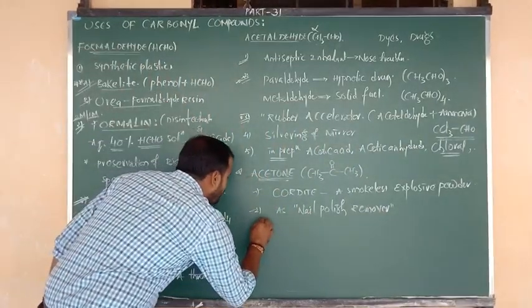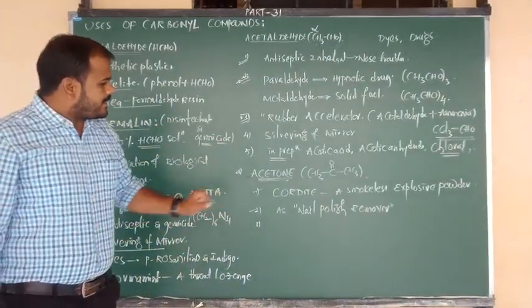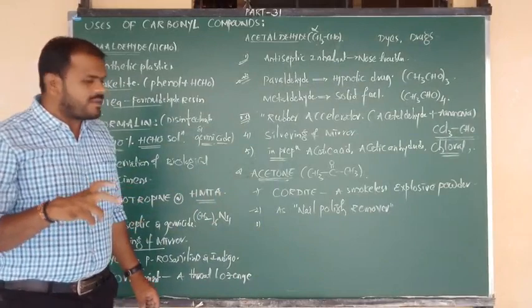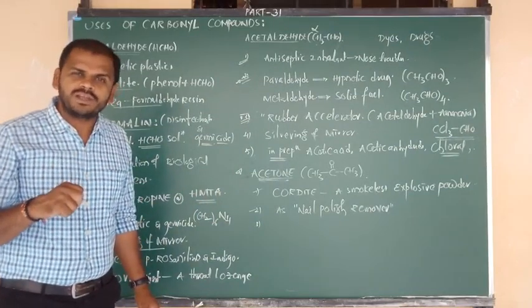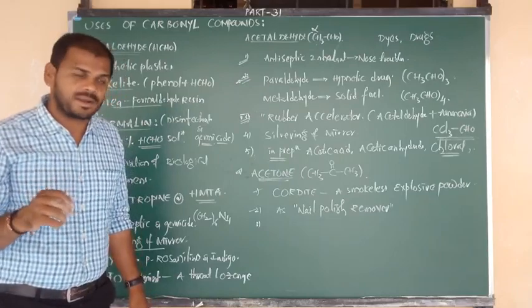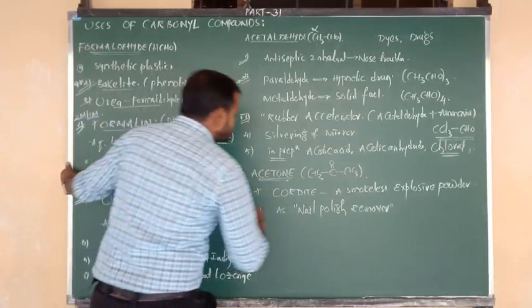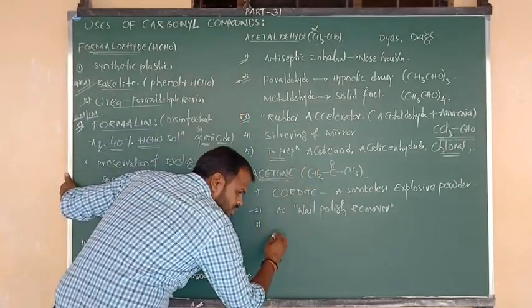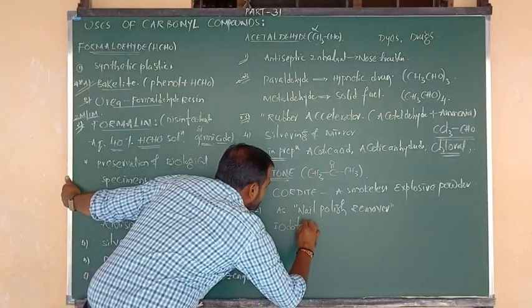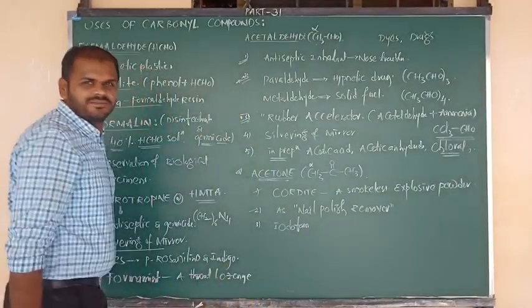Next one I am going to tell. So acetone can be used in the manufacturing of so many types of chemicals. One of the chemicals I want to tell is that it can be used in the manufacturing of iodoform, because it contains a free alpha CH3.